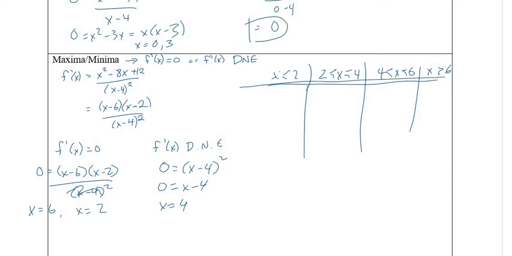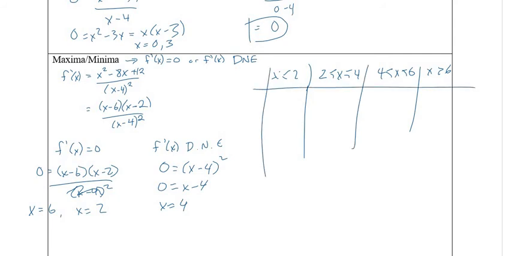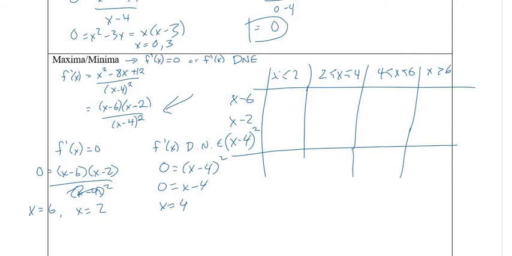So break up our factors. For our derivative, it was x minus 6, x minus 2, and x minus 4 squared. So let's look at each section of this graph. Let's pick a test value. For the first one, for x less than 2, let's pick x equals 0, and that's going to be negative, negative, positive.